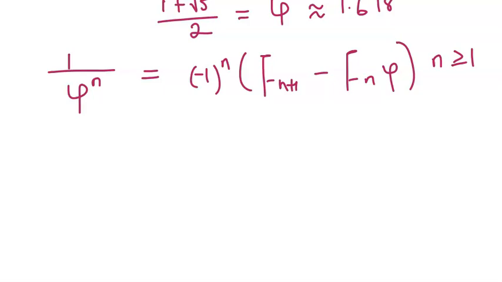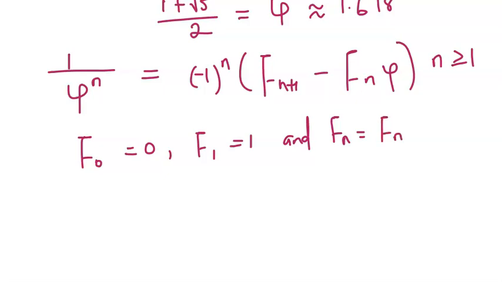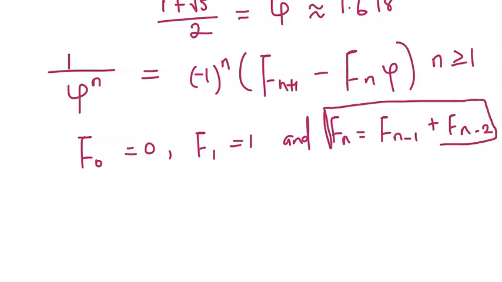Here f of n is the nth Fibonacci number, and we know that f of 0 is equal to 0, right? f of 1 is equal to 1, and most importantly we know that f of n is equal to, should I call it a recursive formula, f of n minus 1 plus f of n minus 2. For this part here, n is greater than or equal to 2.